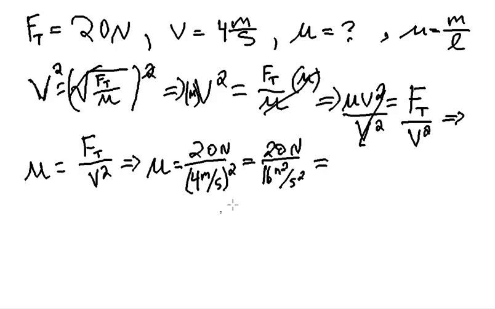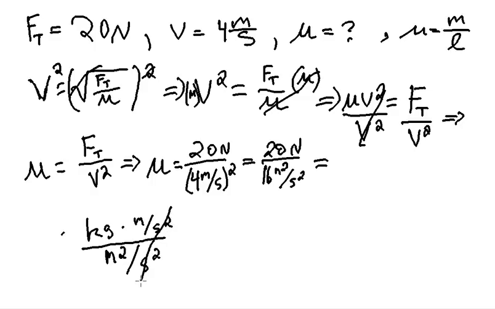Now, actually, let's do this. A newton is a kilogram times a meter per second squared. What I'm doing is the dimensional analysis right here. Down here we have a meter squared and we have a second squared. So let's look at what cancels out. Our second squared cancels out.